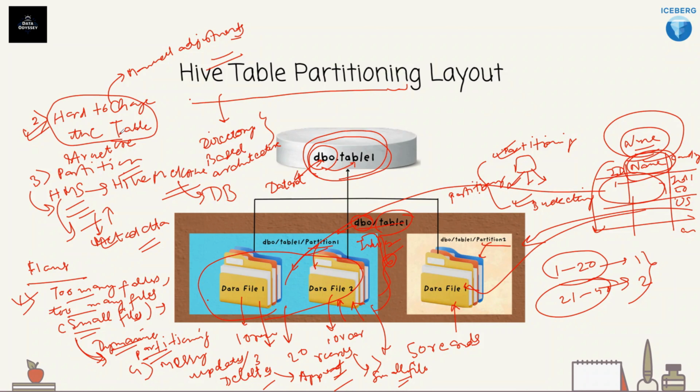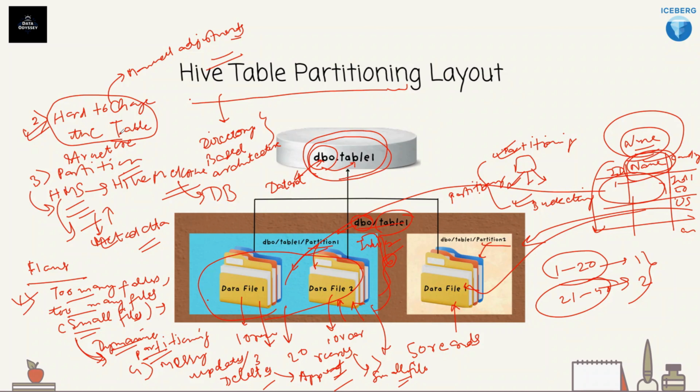Like we have understood, we are majorly focusing upon the flaws of Hive, and these are the issues which Apache Iceberg tried to resolve. So that's what I wanted to tell all of you about the issues of Apache Hive, the Hive table format basically.